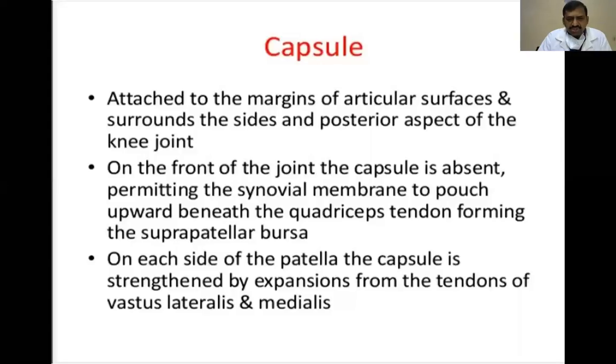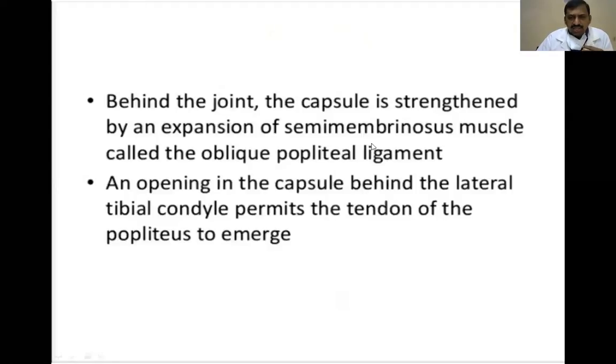On each side of the patella, the capsule is strengthened by expansions from the tendons of vastus medialis and lateralis. We call it the retinaculum. Behind the joint, the capsule is strengthened by the expansion of the semimembranosus, which is the oblique popliteal ligament.